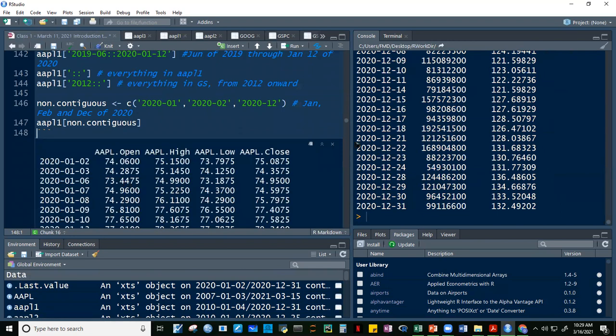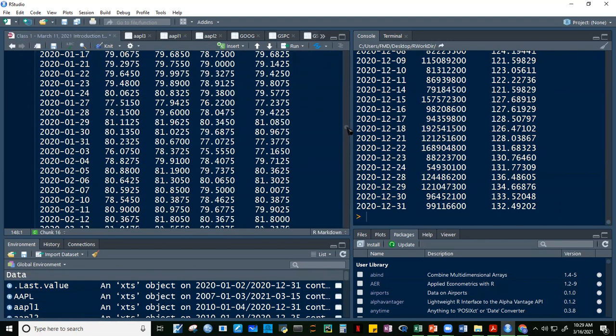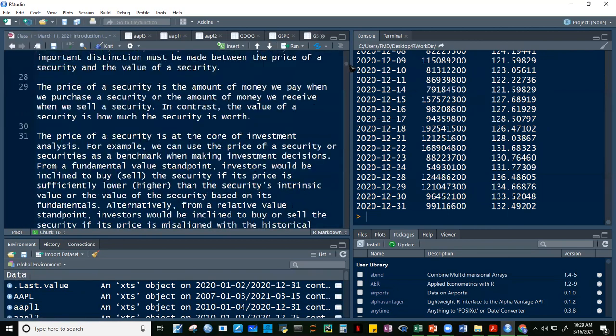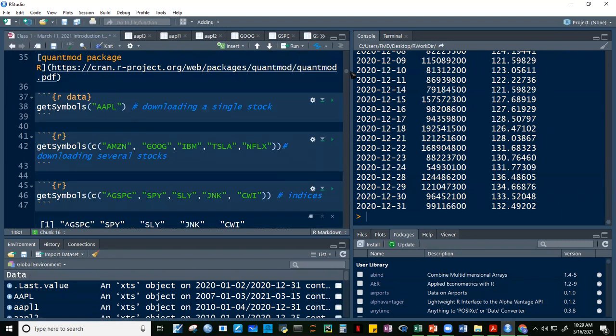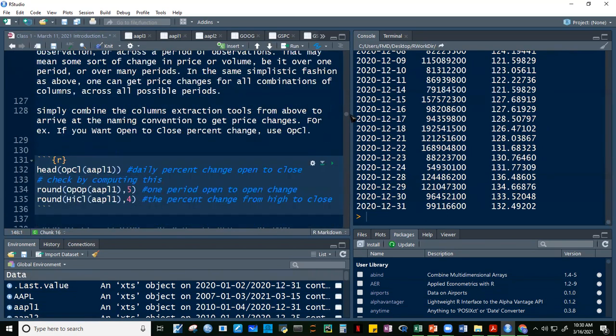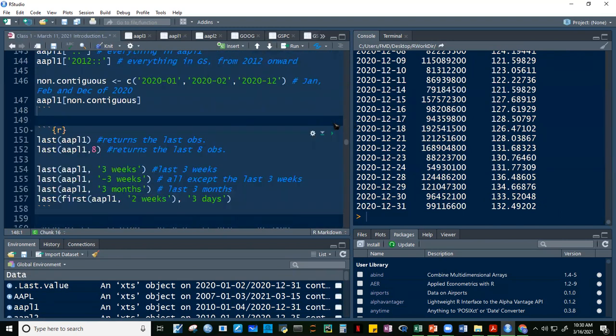Yan, January, and then February 2020, yun yung 2, and then December. Okay? So it's very easy to subset yung data natin, guys, using the index, yung mga years itself, o yung dates. Okay, any questions?